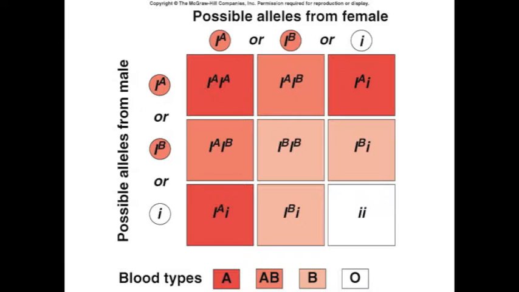And it's interactions between these alleles that leads to the four different phenotypes that can be expressed in the blood types. Again, each individual only has two alleles, but there are more possible combinations of alleles that you could receive. And because of those increased number of combinations, there are more combinations or versions of the trait.